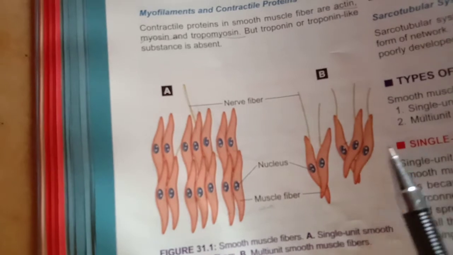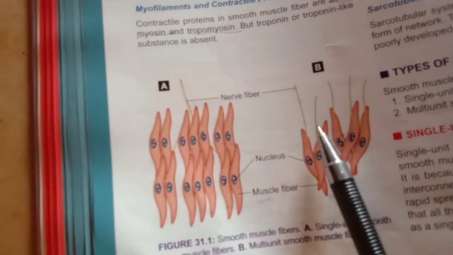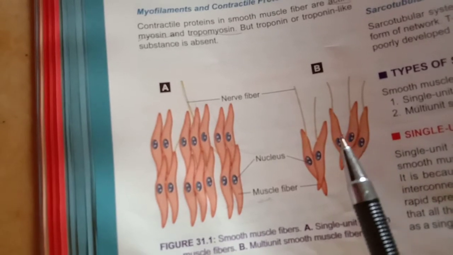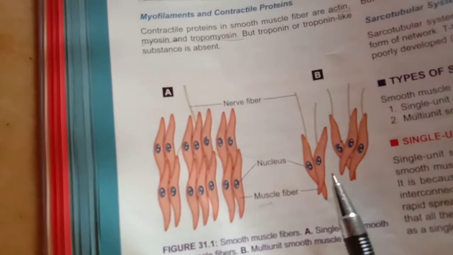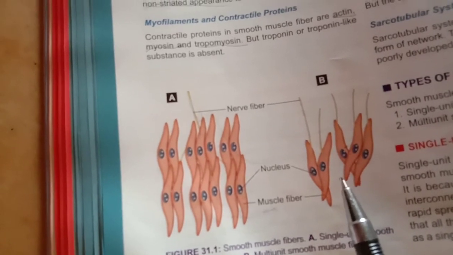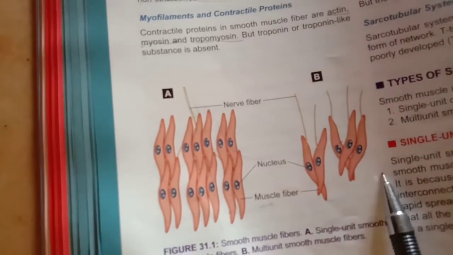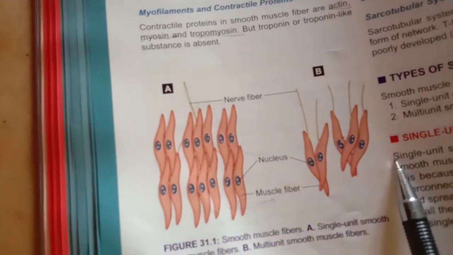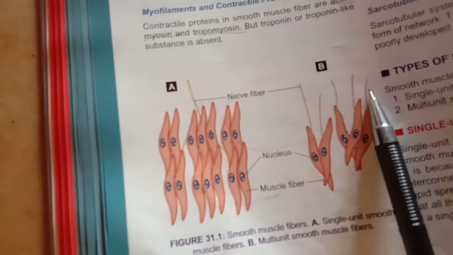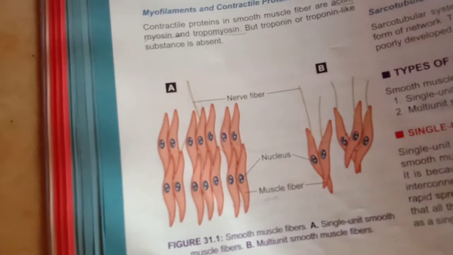In multi unit muscle there is no together functioning of the muscle fibers. They function on their own, so every muscle fiber has its own nerve fiber and its own connection.